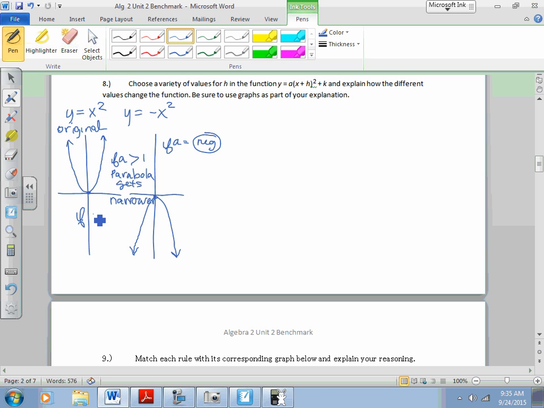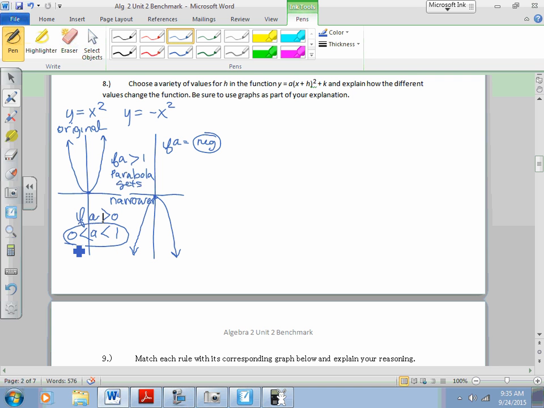If a is greater than 0 but less than 1, we can write it like this, put together.